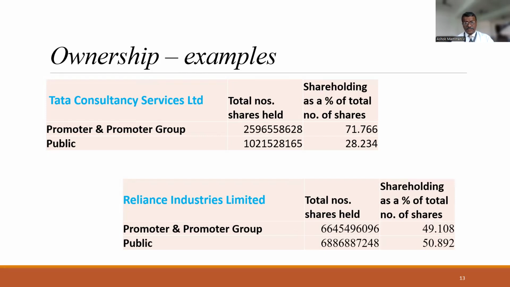But some months ago, in November 2025, if you look at TCS, promoter and promoter group had 71.76% of the shareholdings, and the remaining 28.23 percent belongs to the public by and large. And Reliance, promoters at 49 percent, public at 50.89 percent.